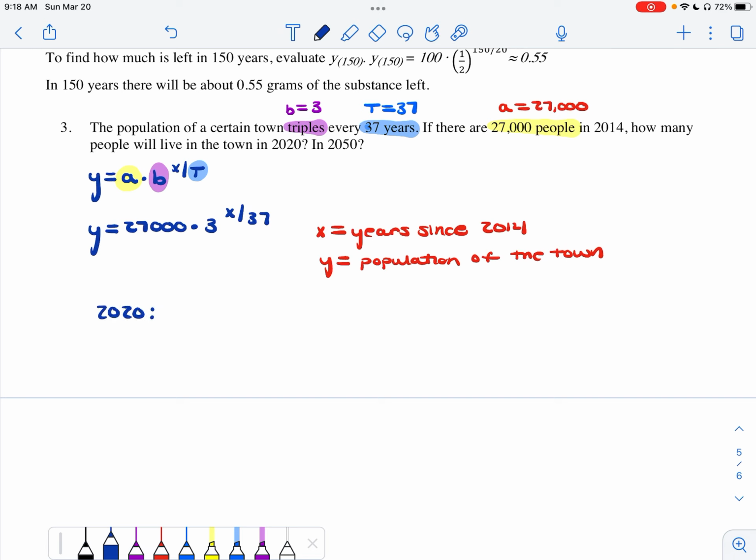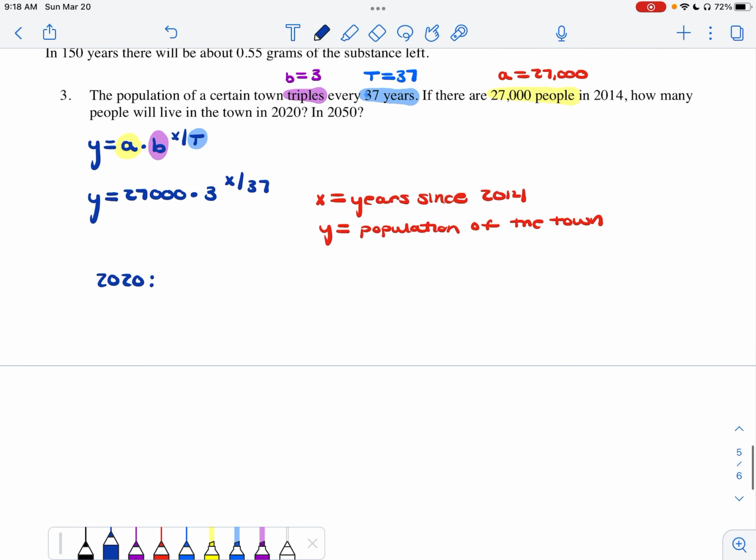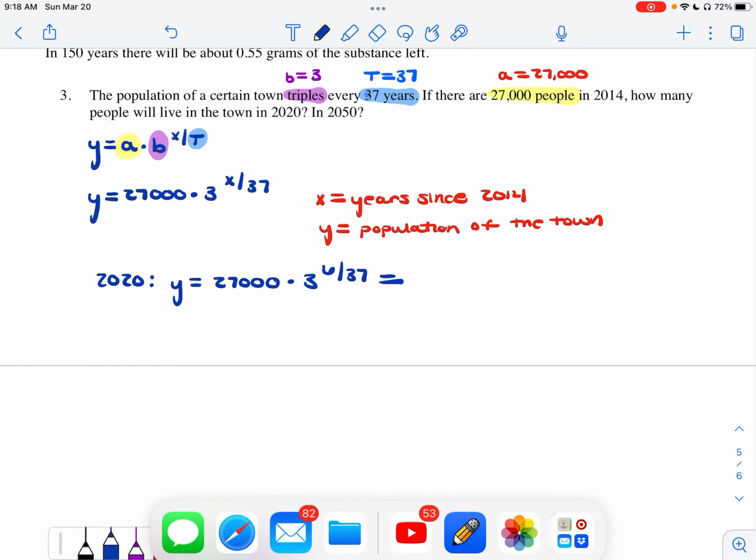To figure out the x value we plug in, we keep in mind that we're going from 2014. From 2014 to 2020, we have 6 years, so we plug in x equals 6. So y would equal 27,000 times 3 to the power of 6 over 37. Then I'll pull out my calculator.